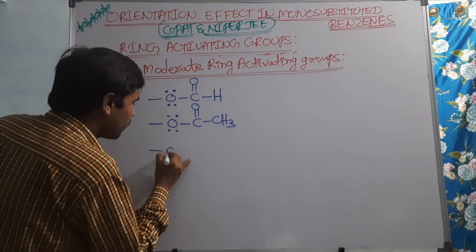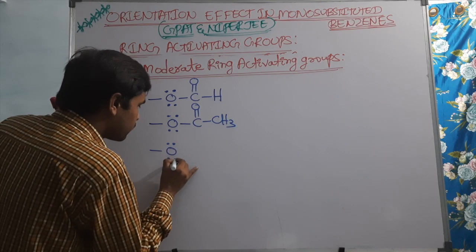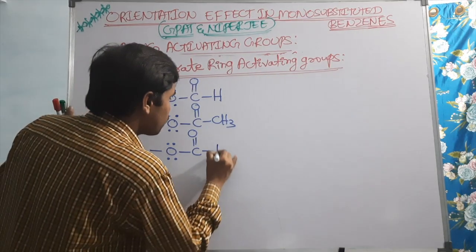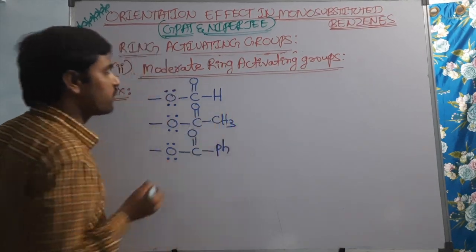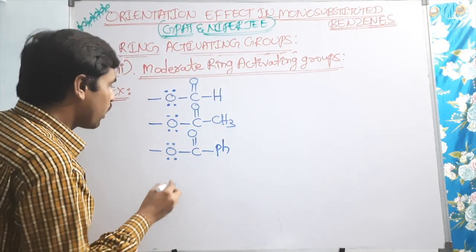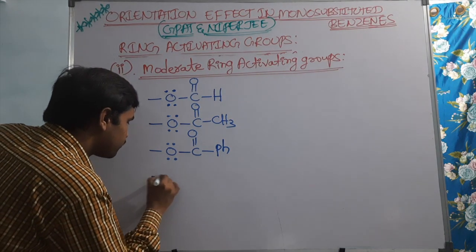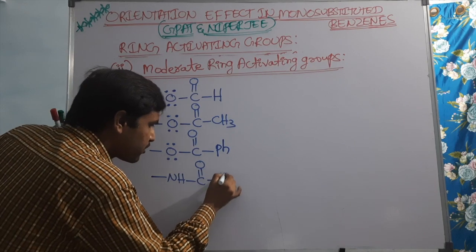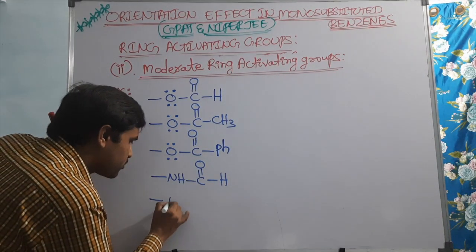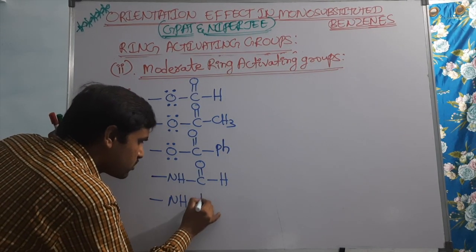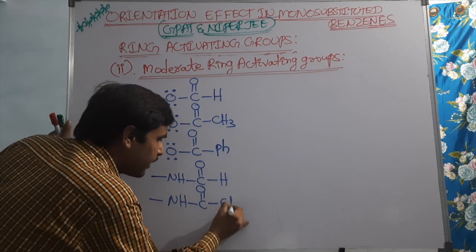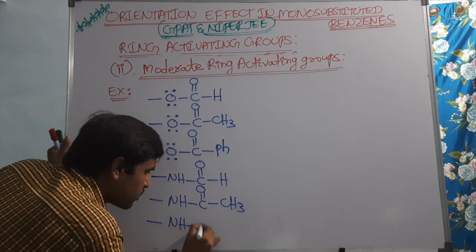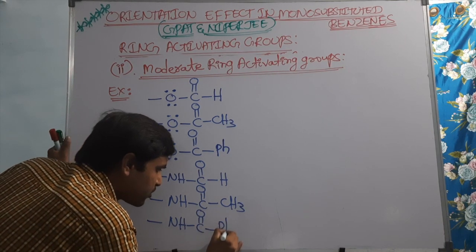Another compound is C double bond O Ph, nothing but phenyl group. Another example is NH C double bond O H. Next example is NH C double bond O CH3. Another example is NH C double bond O Ph.